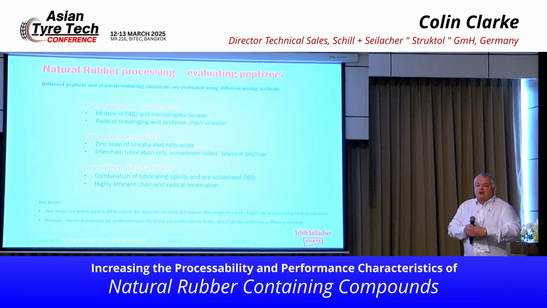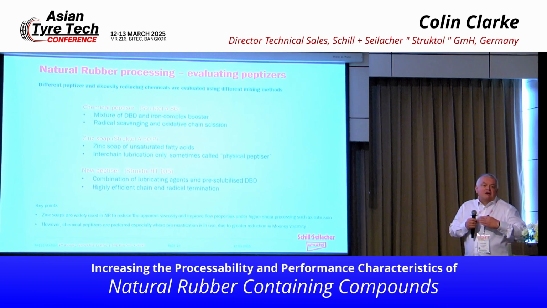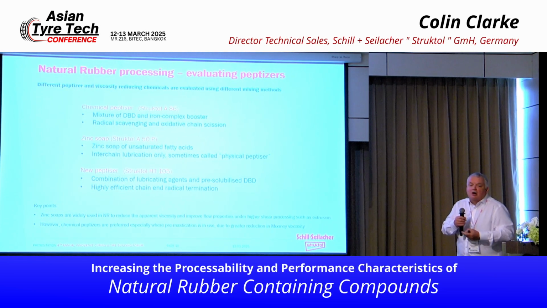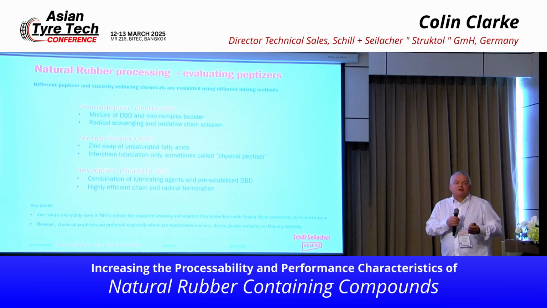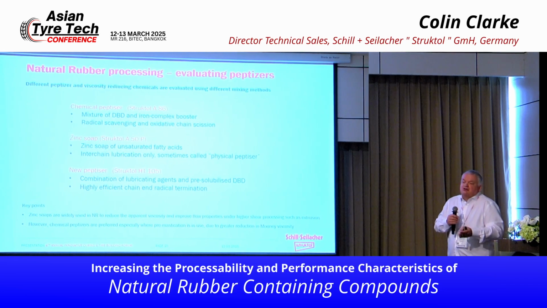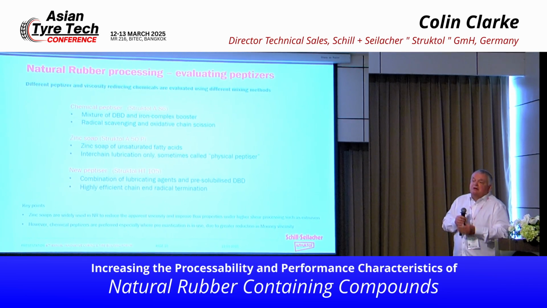Alongside that, many people talk about, we don't need aggressive chemical peptizers, we can use some kind of lubricant, some kind of physical peptizer, some kind of viscosity reducing agent to improve the processability just by improving the slip in the natural rubber.